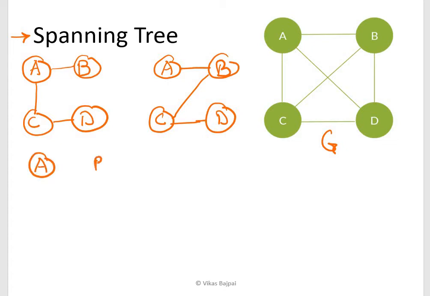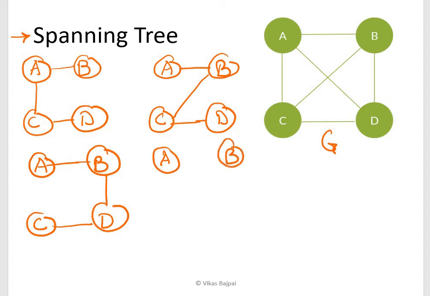I have A, B, C and D, and then I can come up with this kind of graph as well. So this is also a spanning tree. Once again, I can have this particular thing. This is also true for a spanning tree.